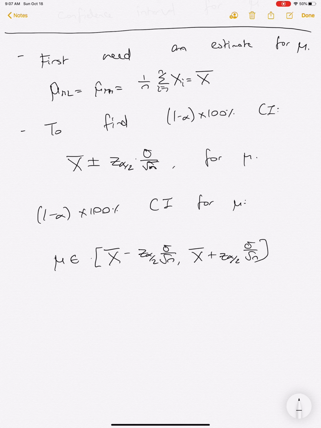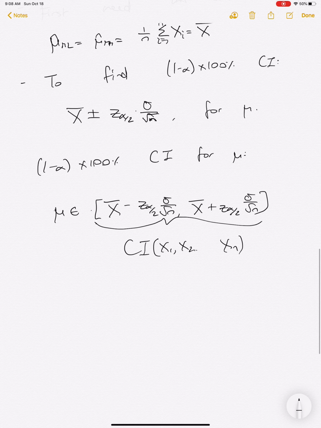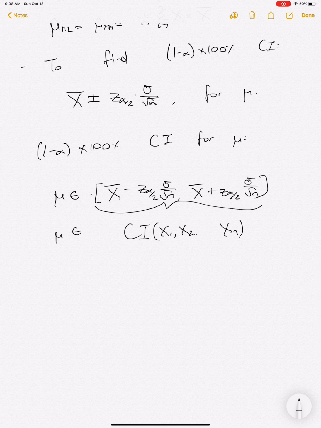Remember, the z-score comes from the normal table, or the z table. I'm going to use this notation because this is a confidence interval, and it's a function of x1, x2 up to xn. Confidence intervals are data dependent because you're using the data to determine them, and you're saying that mu is in this confidence interval.